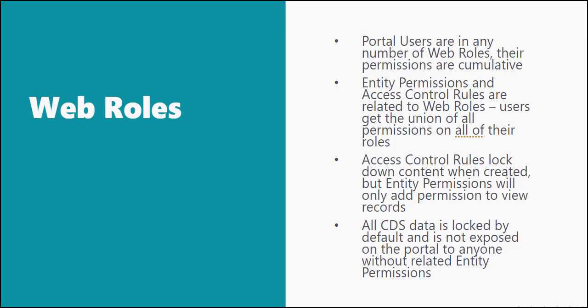So once those access control rules get created, then the content is secured, and only the web roles that are related to the access control rules that you just created are going to have access to that content. So when you create a restrict read rule, what you're saying is, I am now restricting this page only to this web role or these web roles. So that's a little bit counterintuitive. A lot of people have struggled with that one.